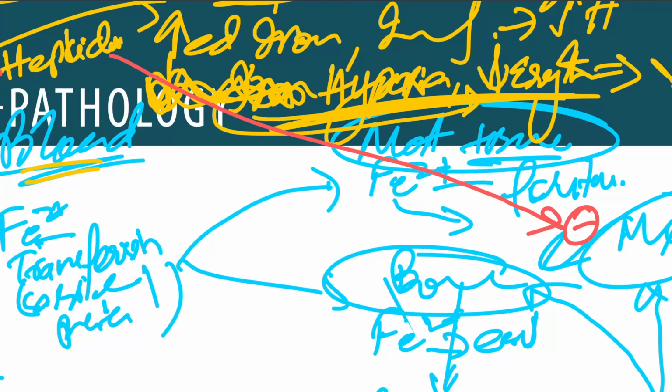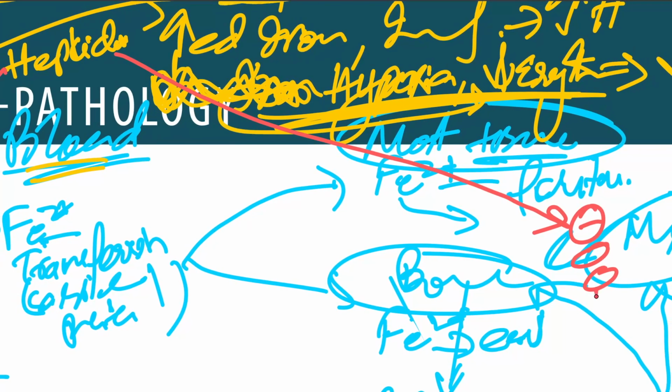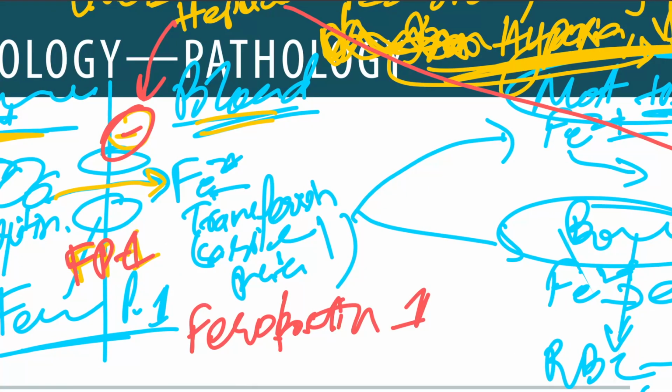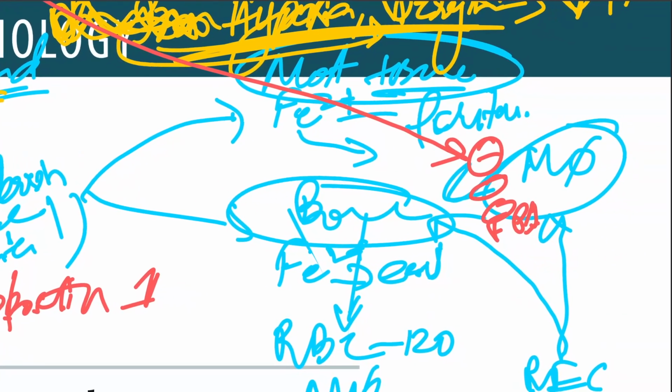The macrophages also have the same channel, again the FP1, which is ferroportin 1. So basically hepcidin is inhibiting the ferroportin 1, which is present on the duodenal enterocytes and also the macrophages.